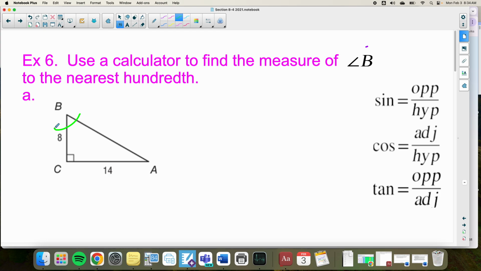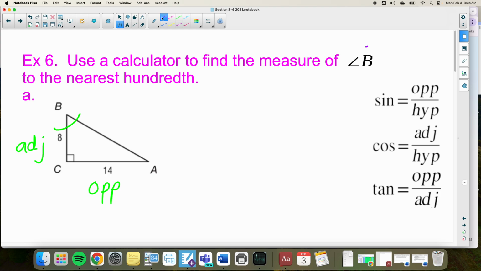What would I call the 14? Opposite. And what would I call the 8? Adjacent. So again, these are on your cheat sheet, but which one deals with adjacent and opposite? Tangent down here.